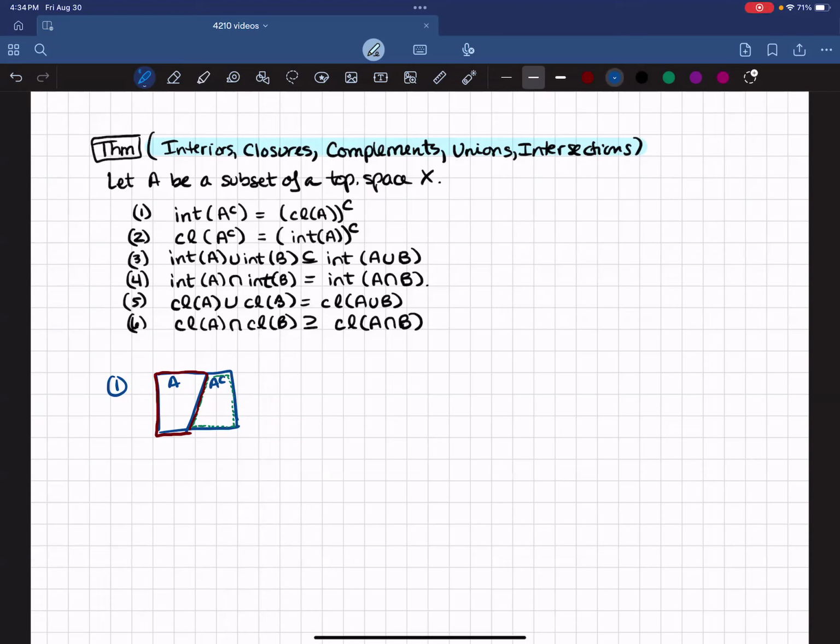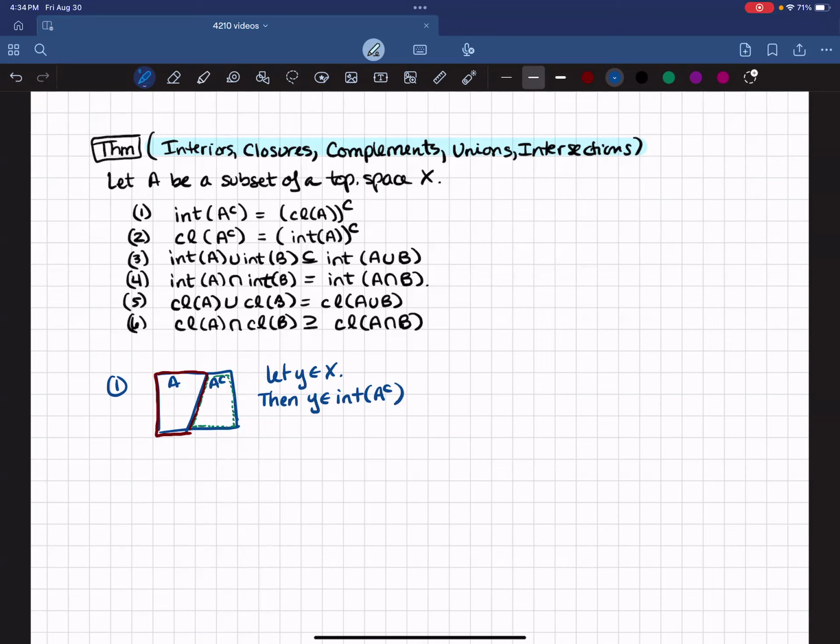Okay. What I'm going to do is write down what it means to be in the interior of A complement using the idea of neighborhoods. So let Y be in my space. Then Y is in the interior of A complement. And I'm going to think about the theorems we've proven about what makes that true.